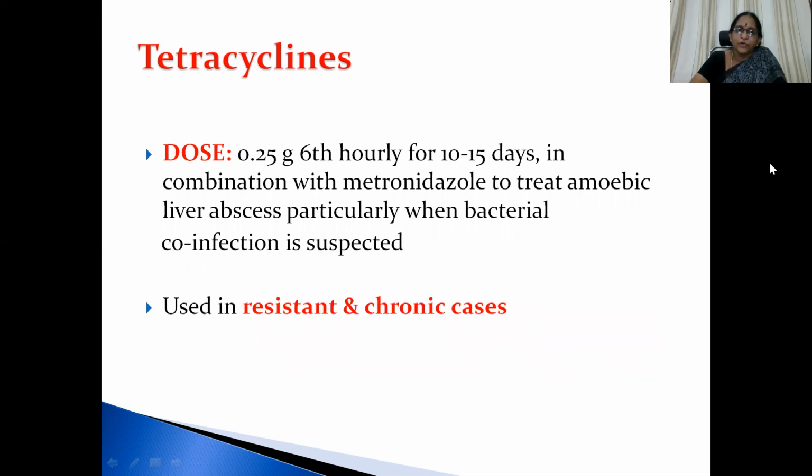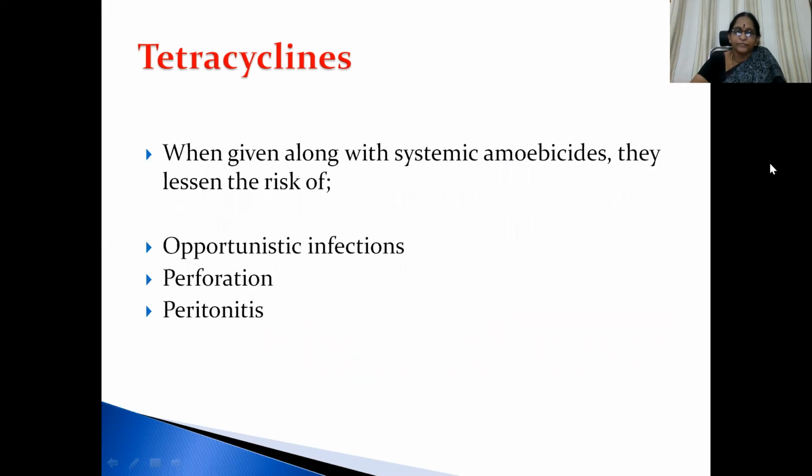The dose to be given is 0.25 grams or 250 milligrams 6 hourly for 10 to 15 days in combination with metronidazole to treat amoebic liver abscess. So not only tissue amebicides can be given; antibiotics like tetracyclines can also be administered to prevent subsequent secondary infections. They are used in resistant varieties and chronic cases also.